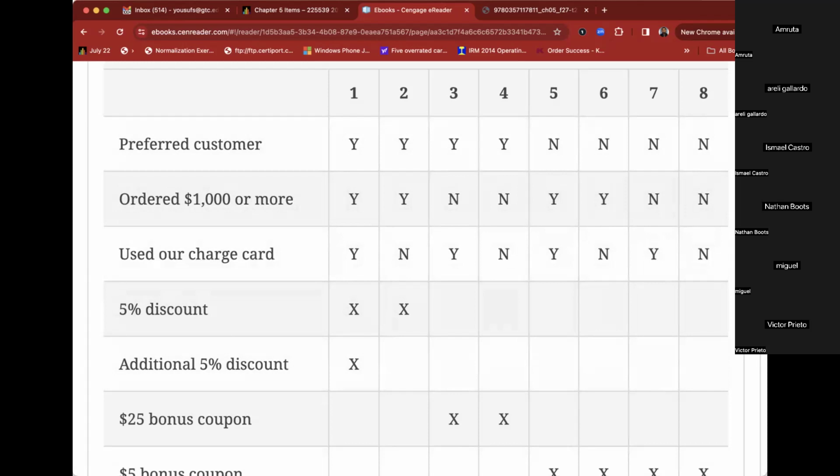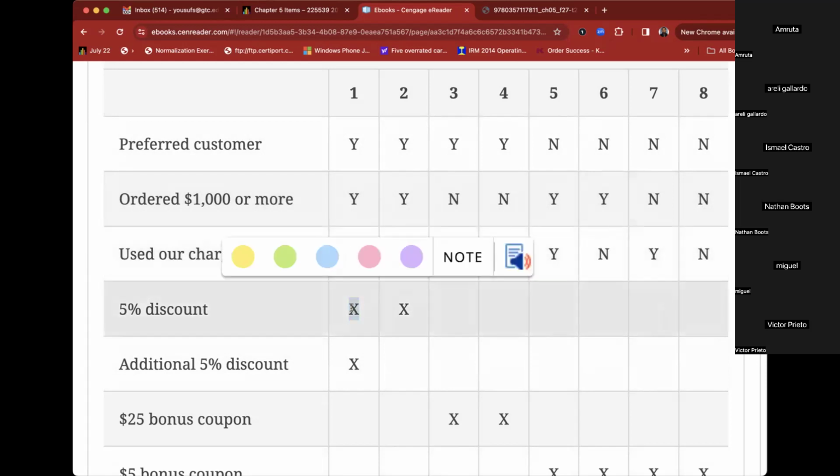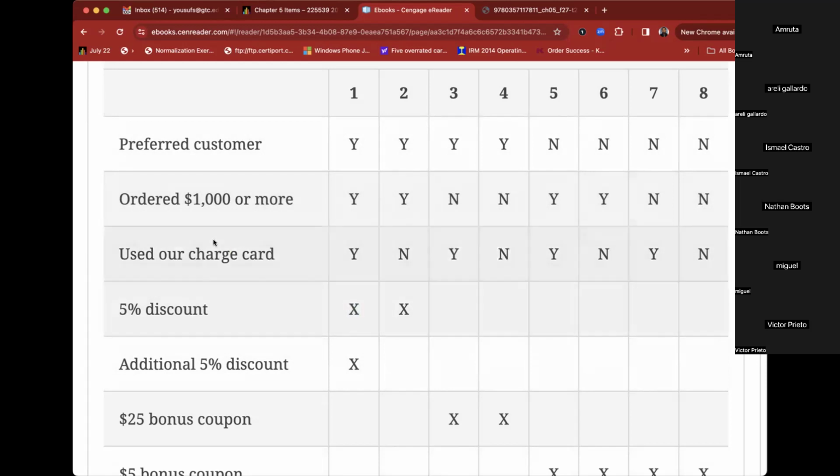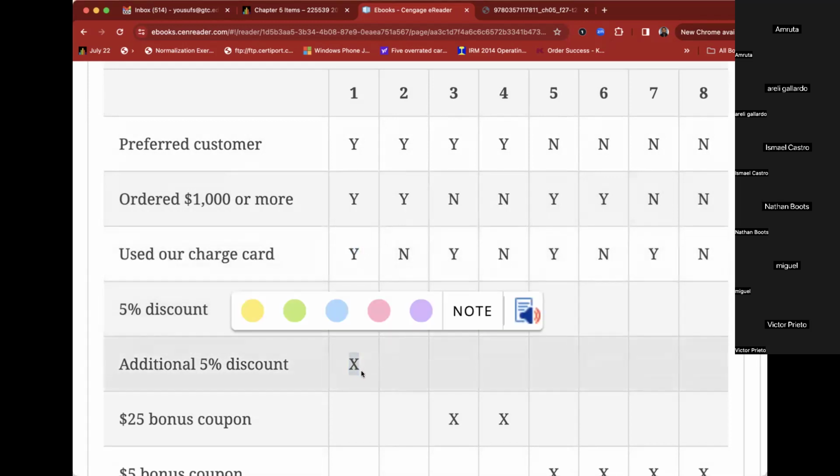Now let's start evaluating these conditions. If a preferred customer makes an order of $1,000 or more, they automatically qualify for the 5% discount, so that check goes there. If they use a charge card, another check goes there.